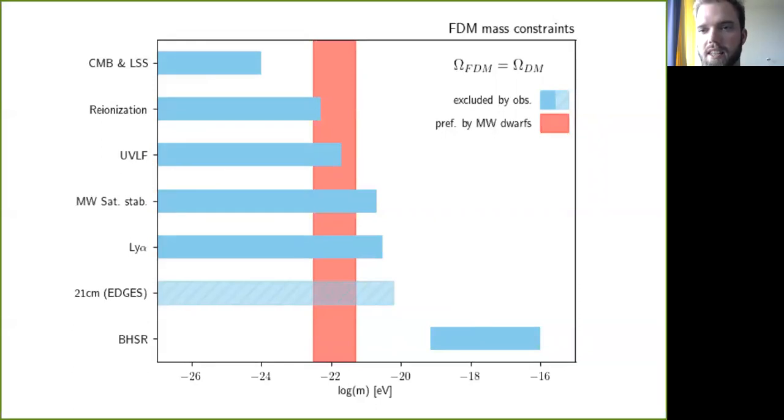And by not seeing this effect, then we can exclude these higher masses here. These exclusions here, I should say, are only valid if indeed all dark matter is fuzzy dark matter. We just recently published a paper where we also considered mixed dark matter, and then these constraints are weakened.